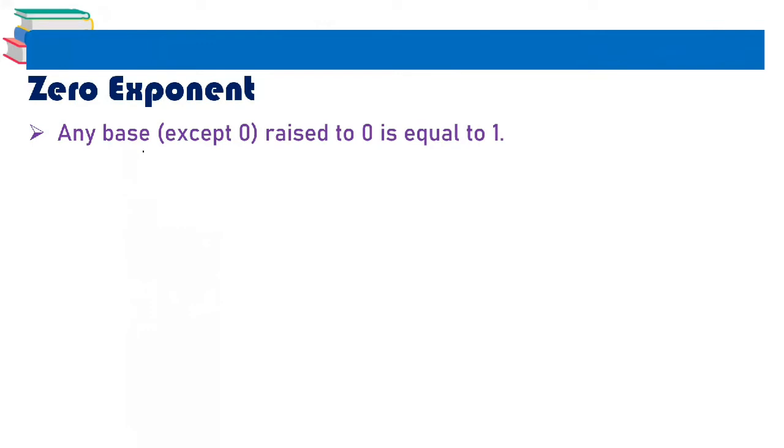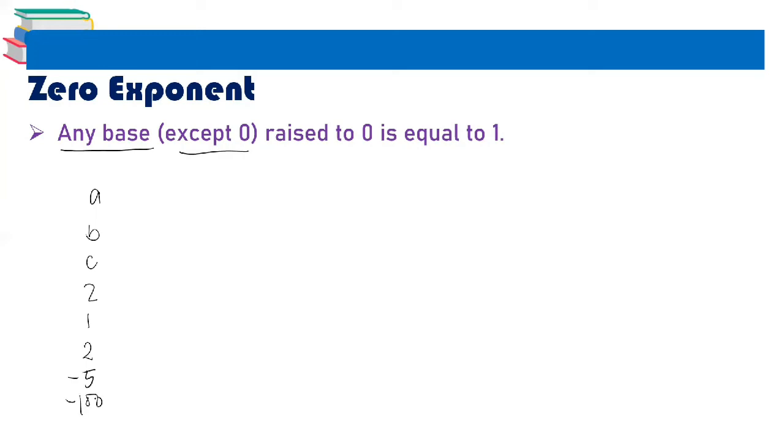Any base except 0. So, lahat ng base except the 0 which has the exponent 0 is equal to 1. So, ang base natin is either a variable or a number or integers. Pwedeng A, B, C, Z. Pwedeng 1, 2, negative 5, negative 100.